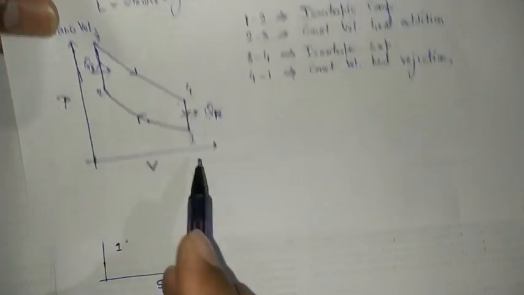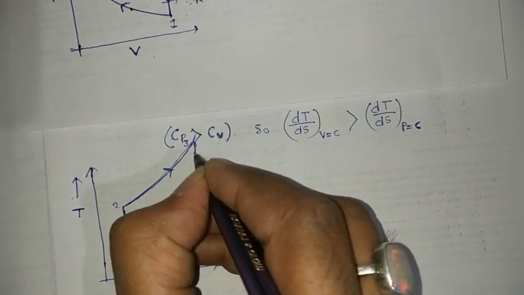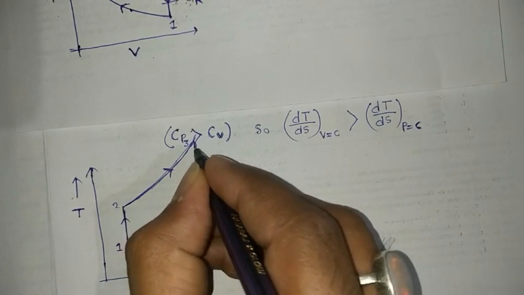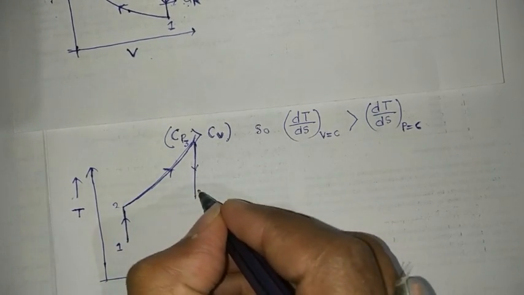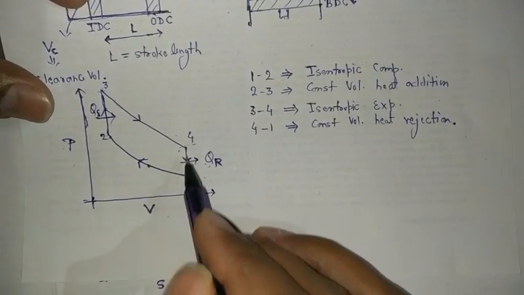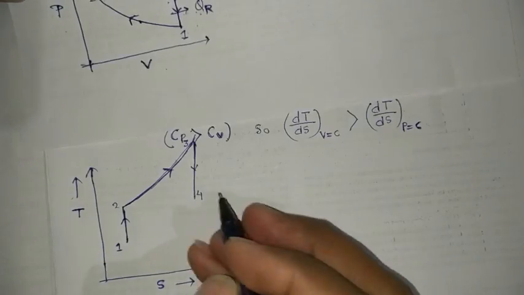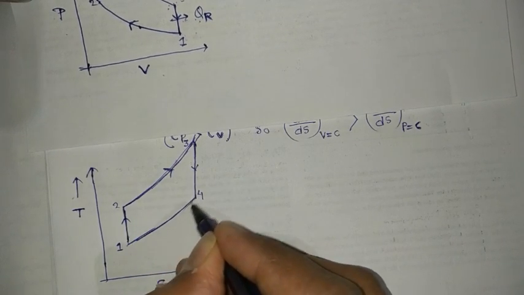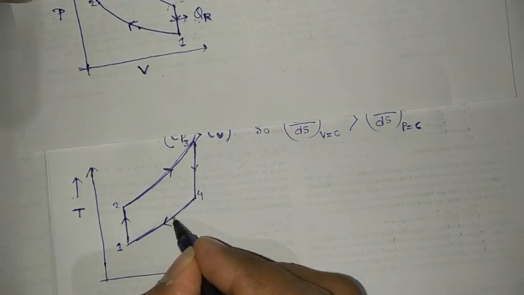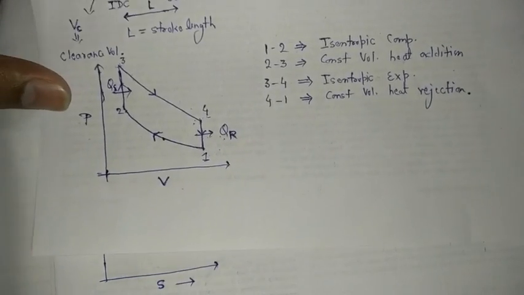So in expansion the temperature will decrease. This is 4. Then again 4 to 1, constant volume heat rejection. So this is the Otto cycle plotted on the TS diagram.